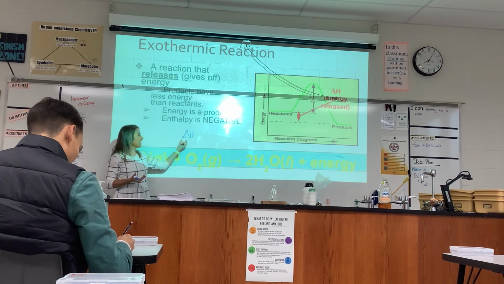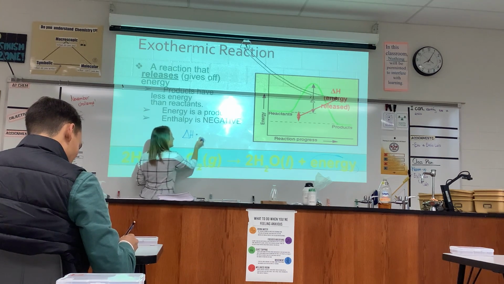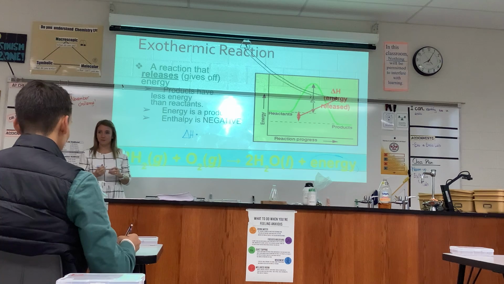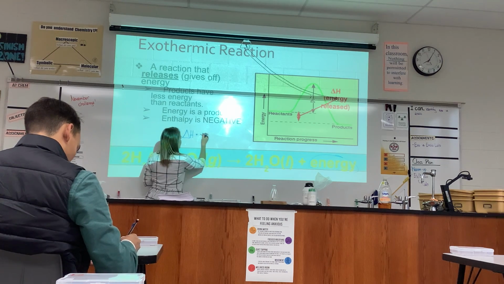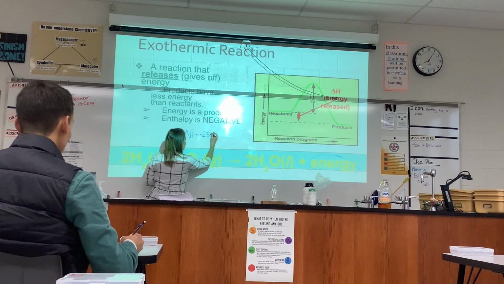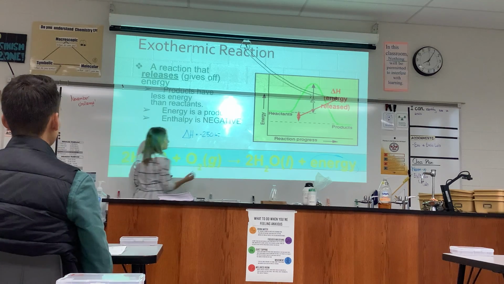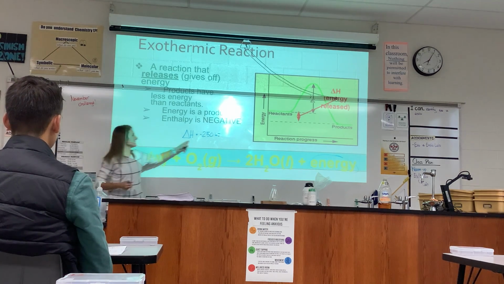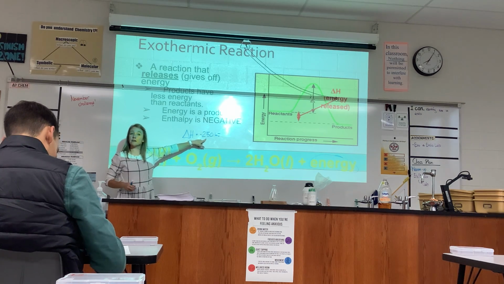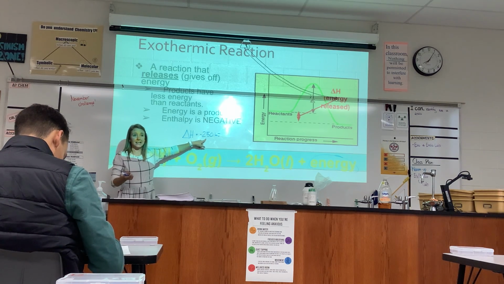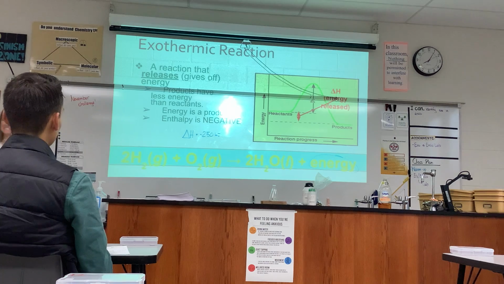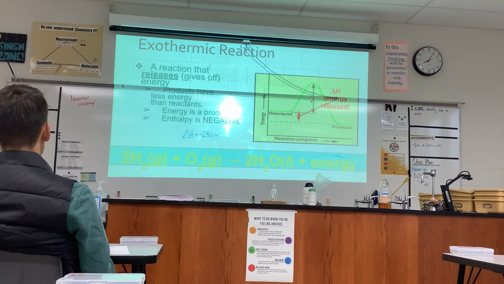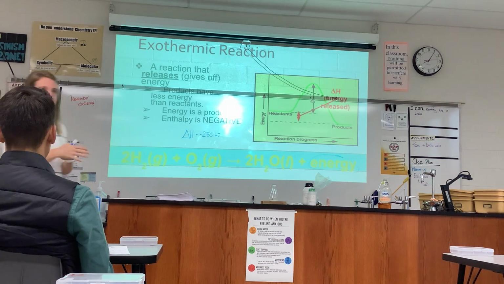Okay, if the change in heat is a negative value, like for example for this one, negative 250 kilojoules, that tells you the direction that it's going. Now it's important to recognize there's no such thing as negative heat, right? This is a change value. So think of heat like a bank account.